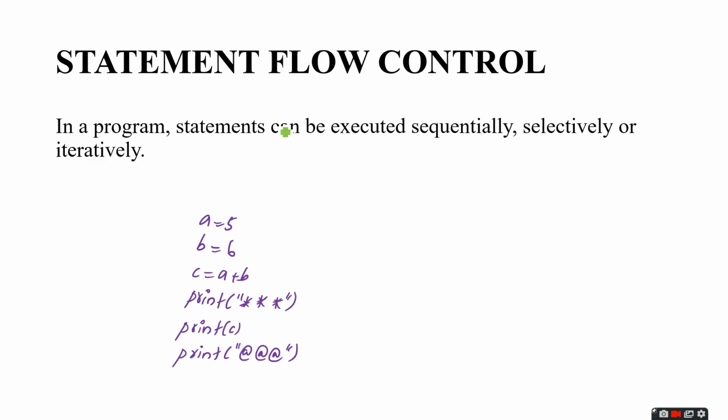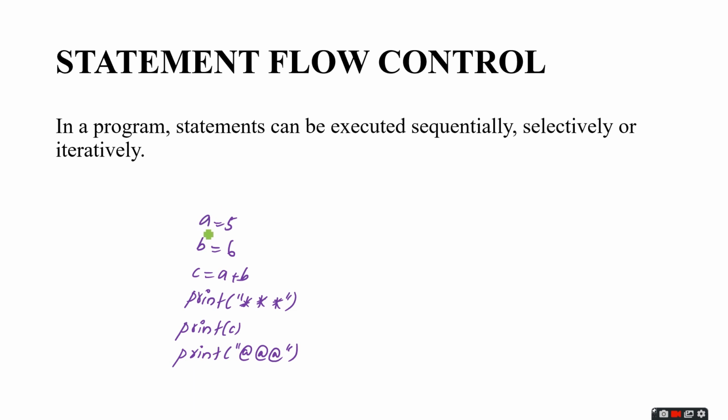Next, we are going to learn about the statement flow control. That means how the flow of execution takes place in Python. We are executing the Python programs in a particular order. That is known as the flow of statement, or the flow of control, or the flow of execution in a Python program.